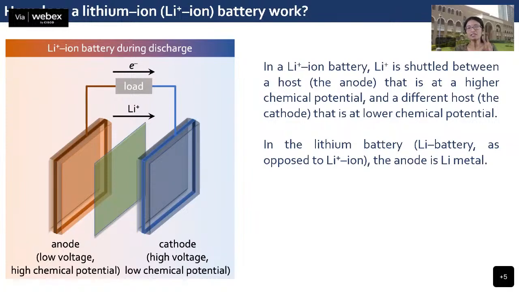There's a lot of confusion here. In a lithium-ion battery, the lithium ion is shuttling between the anode and the cathode. In a lithium battery, the anode is nothing but lithium metal. In the commercial lithium-ion batteries, the anode used is generally graphite. Whereas when we talk about a lithium battery per se, the anode is lithium metal.